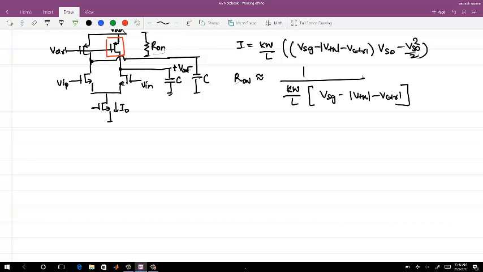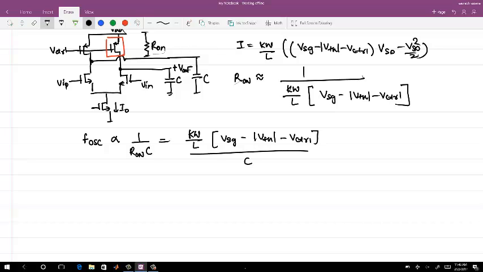Now your oscillation frequency is inversely proportional to RC. Here R on C is equal to 1 over kW by L into VSG minus VTH minus V control, times C.